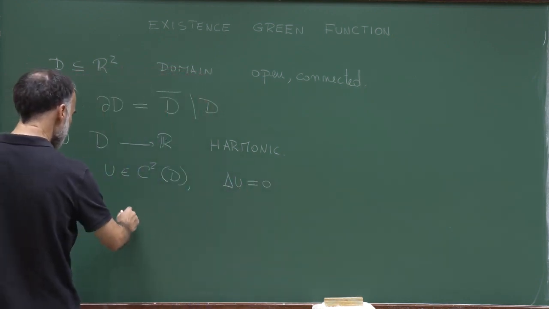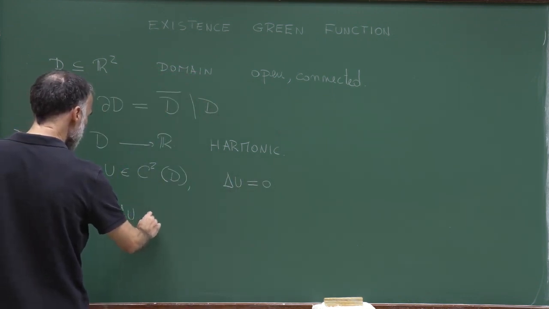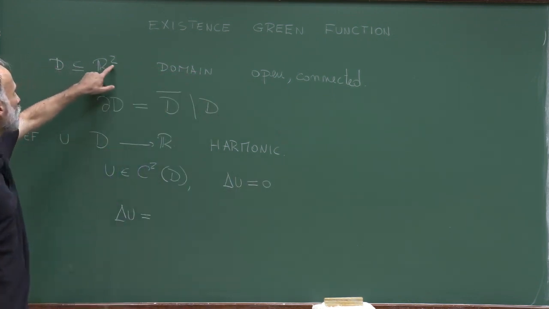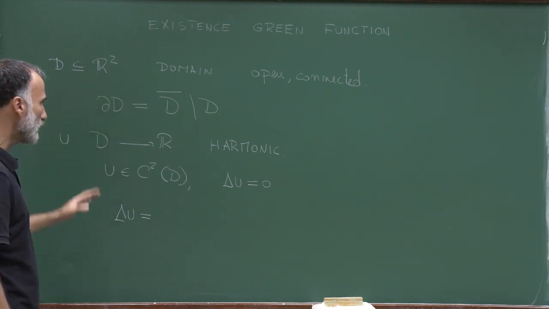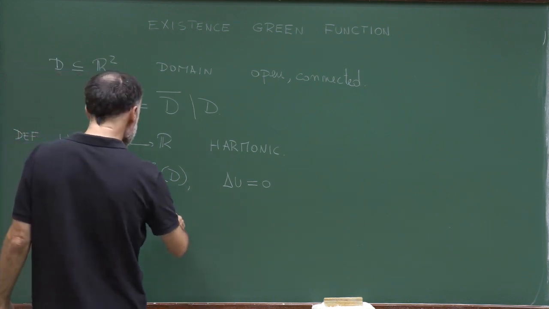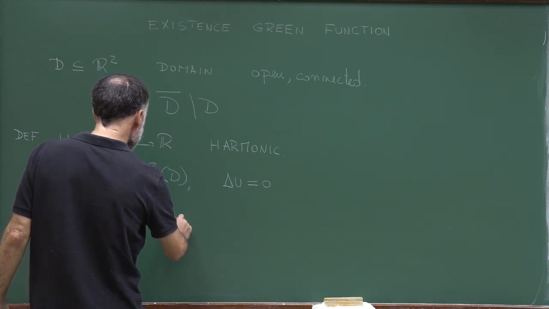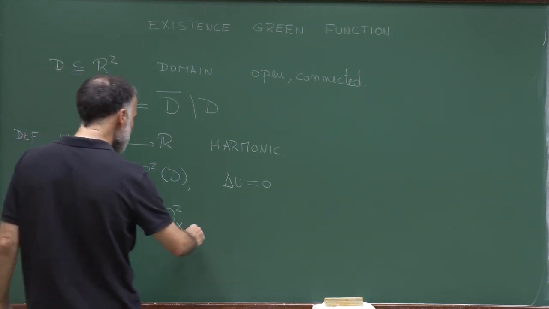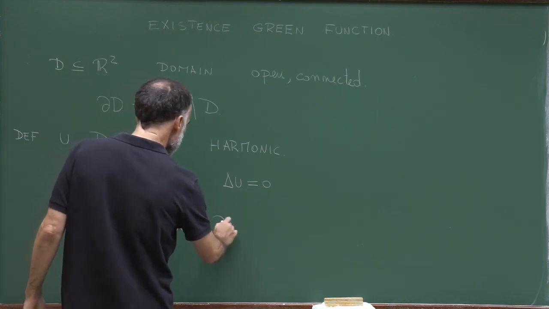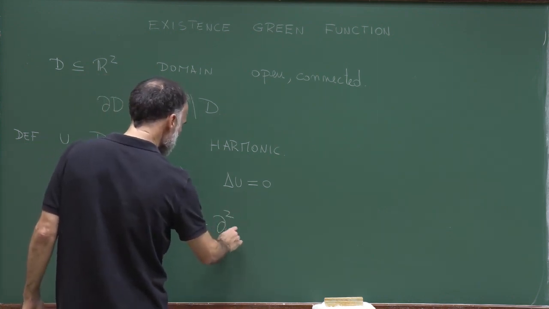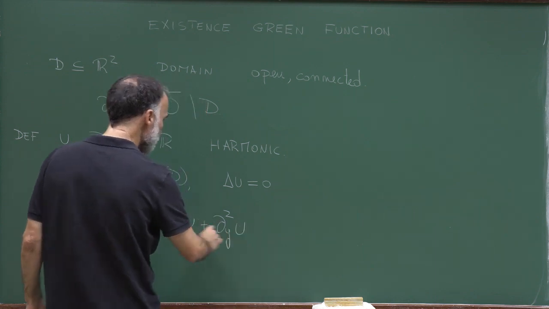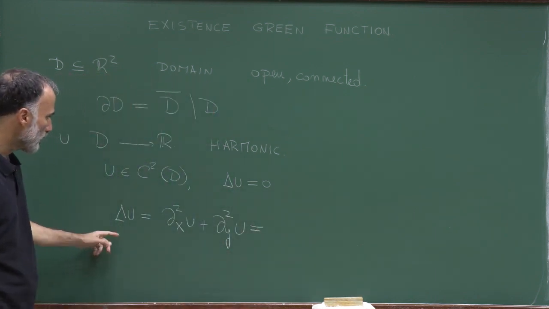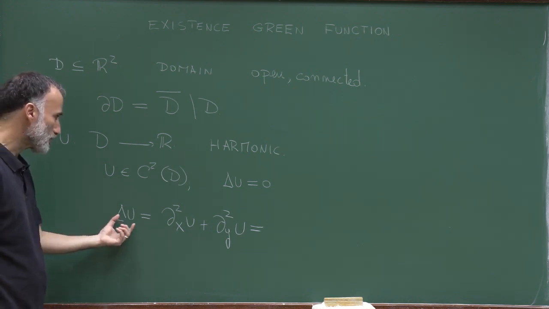Here, the Laplacian is a differential operator. I will be working in dimension 2 in all this lecture. So in dimension 2, if you take the second derivative in the first direction, which I'm calling x, and the second derivative in the second direction, which I'm calling y, and sum them, you get exactly what I'm representing by the Laplacian of U.